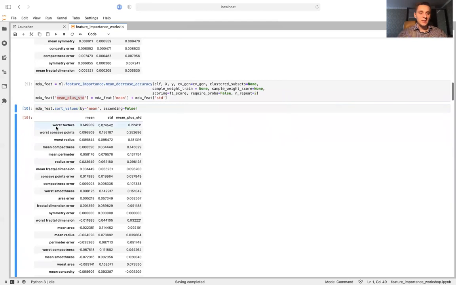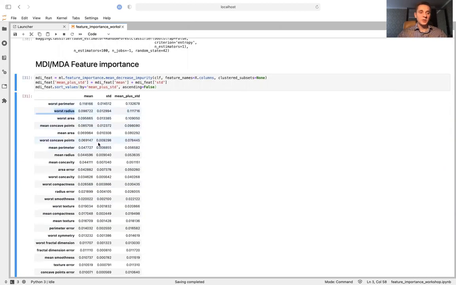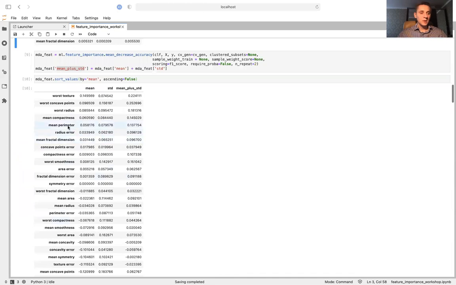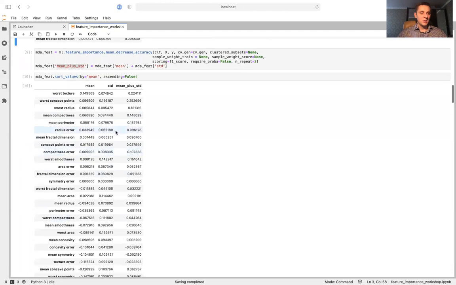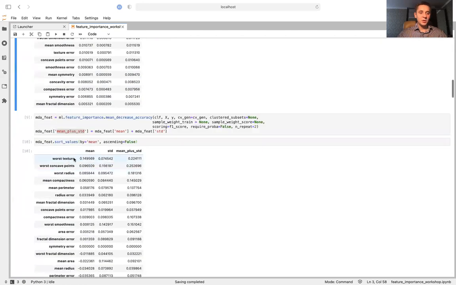Here we can see that some of the features which were already present in MDI, such as worst radius and perimeter based features, are quite important. But what we can see is that there is a feature called worst texture, which is actually the top feature found by MDA.